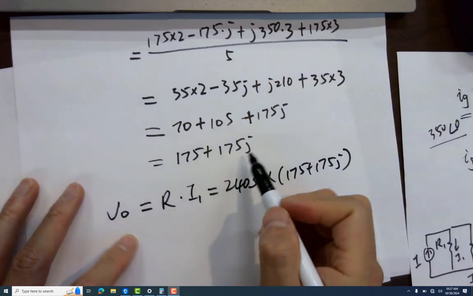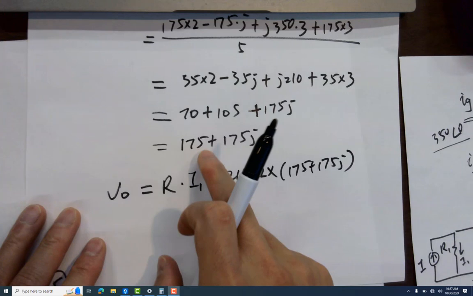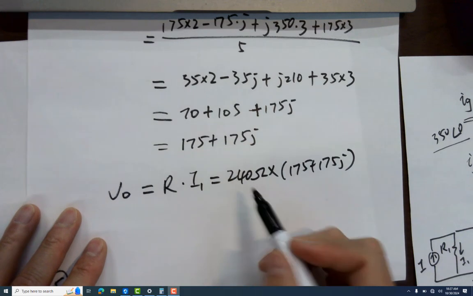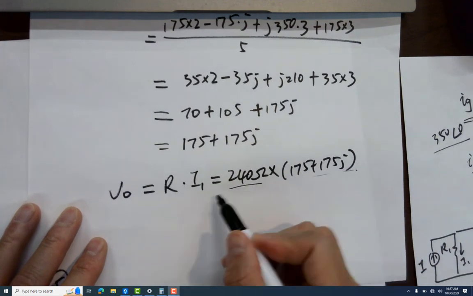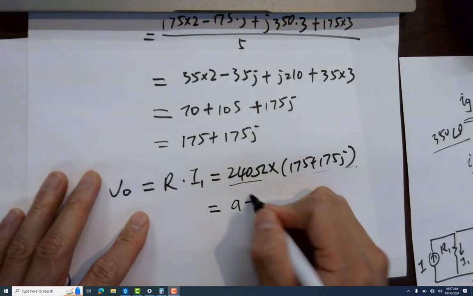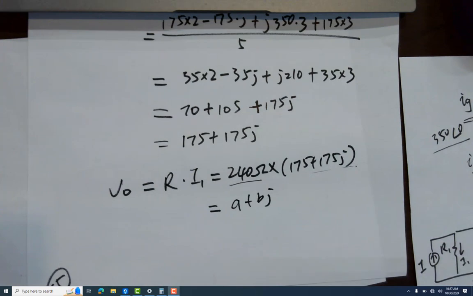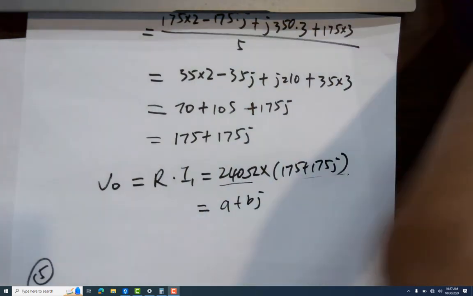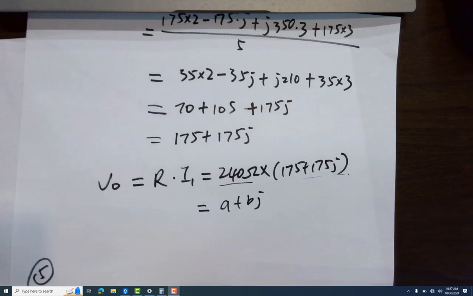Very likely the calculation is wrong, but eventually you simplify it to a rectangular form and multiply by the resistor to get a voltage. So eventually you're getting A plus BJ, okay? This is a rectangular form.